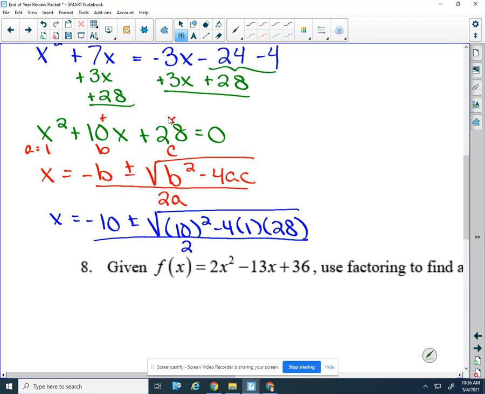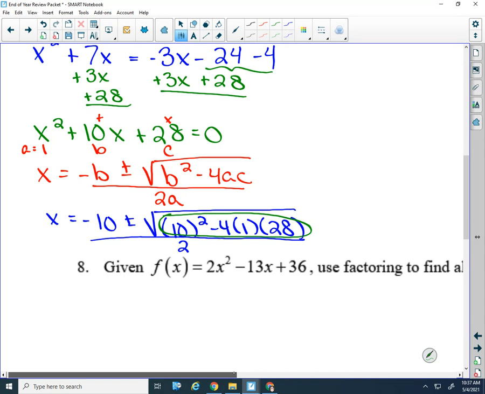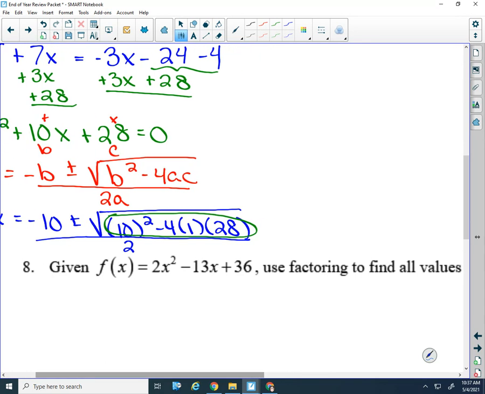Now, just as a refresher, when you're doing quadratic formula, just put that in your calculator and rewrite the problem. So I'm going to move up here. I get x equals -10 plus or minus the square root of -12 over 2.